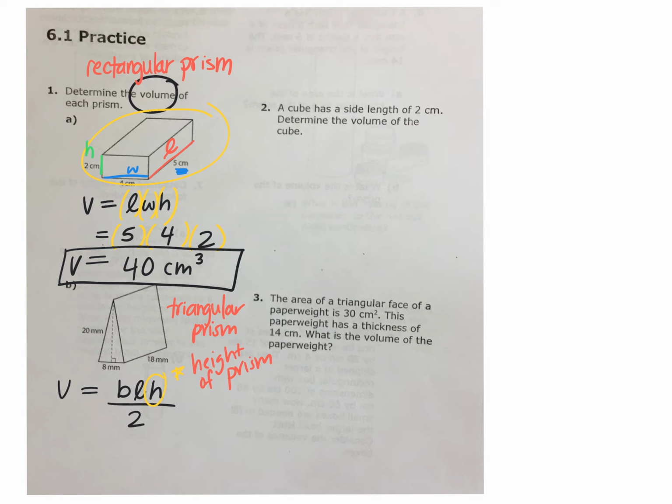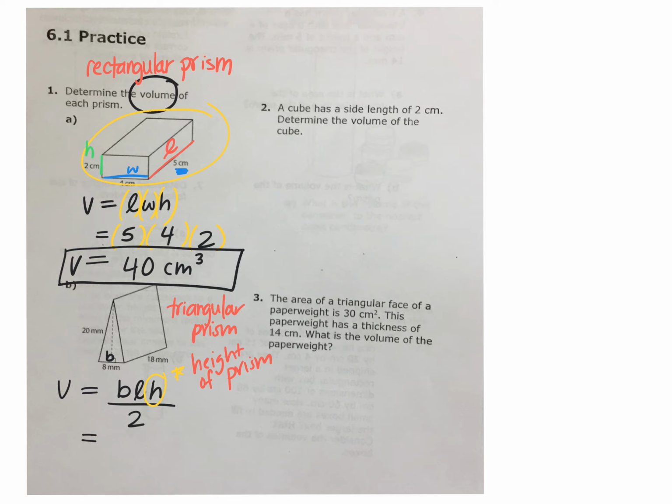So let's go through it step by step. What number is the base of the prism? Is it an 8, an 18, or a 20? 8. Good. This is the base. What is the length of the prism? 20.